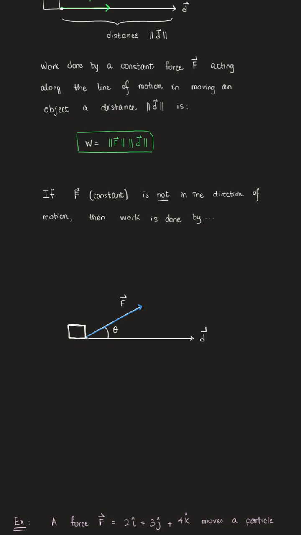Then, assuming still that our force is constant, the work is actually done by the component of the force along the line of motion. So let's write that down. The work is done by the component of the force F in the direction of the motion. And so that is going to be a vector projection.